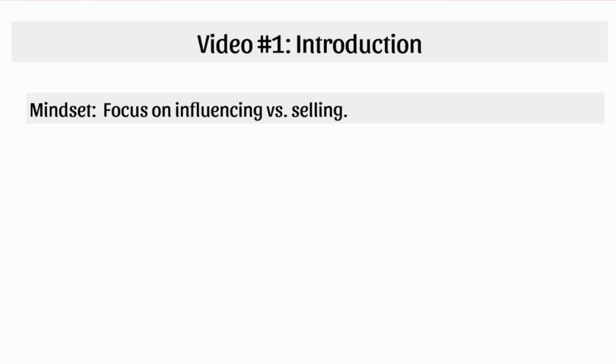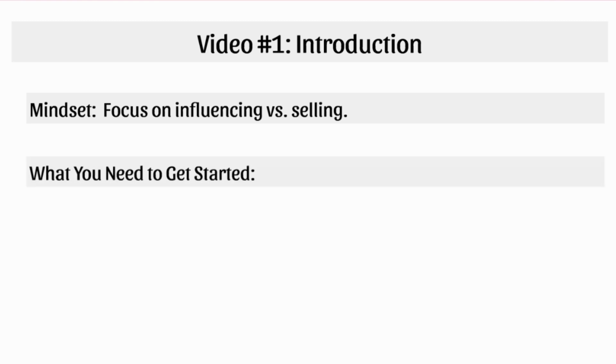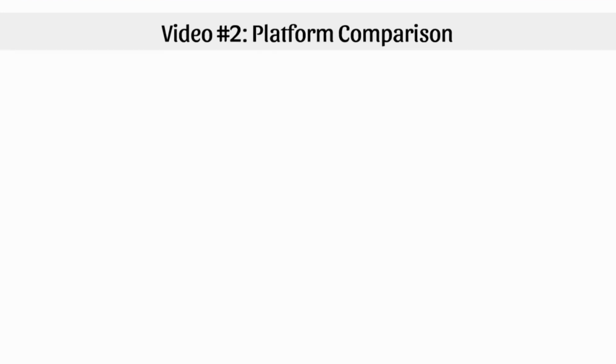Shopify store, affiliate store, or whatever. But instead of focusing on selling, you want to focus on influencing and creating a brand and creating a lifestyle. That's what Instagram is all about and how that's different. We'll talk more about the differences in the next video. But here's what you need to get started.